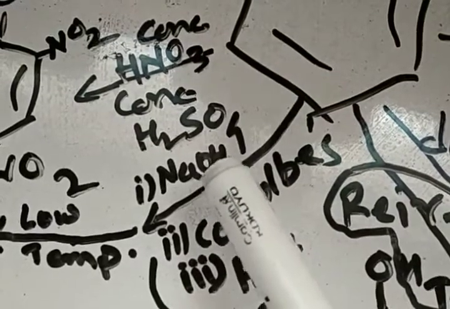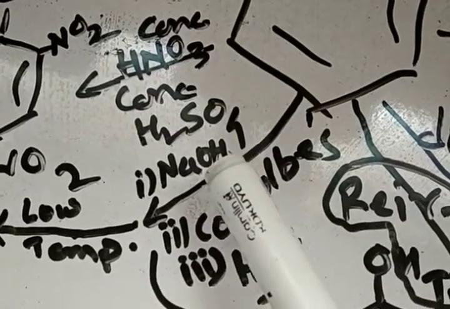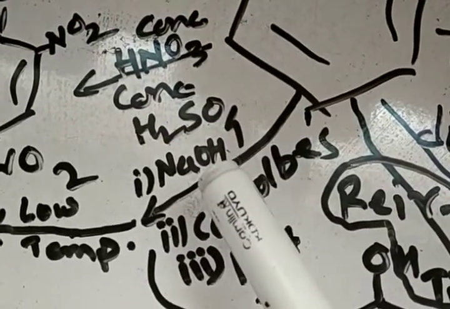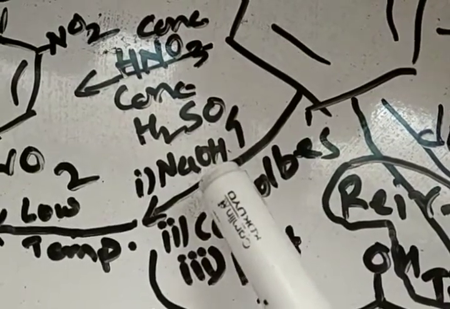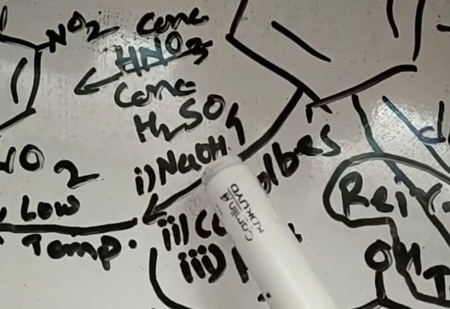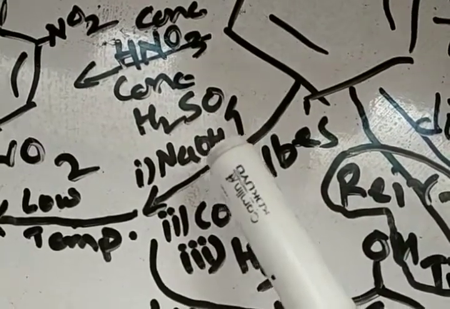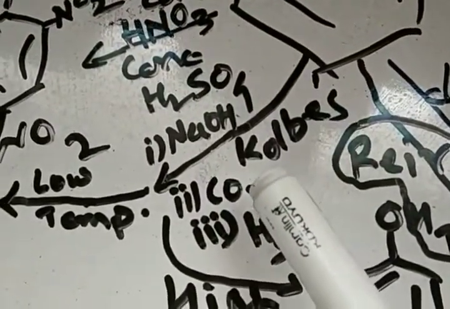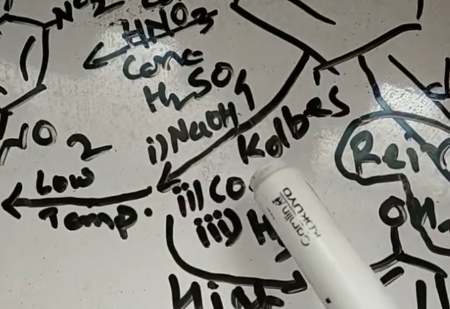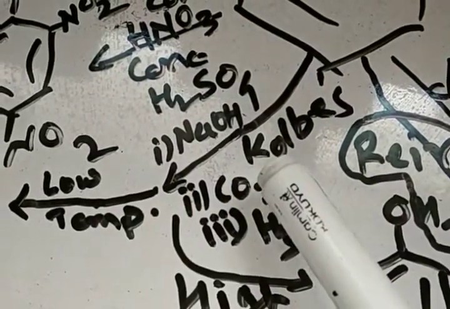That is, phenoxide is a more powerful substrate for electrophilic attack, and on formation of sodium phenoxide, CO2 attacks the benzene ring of phenol.